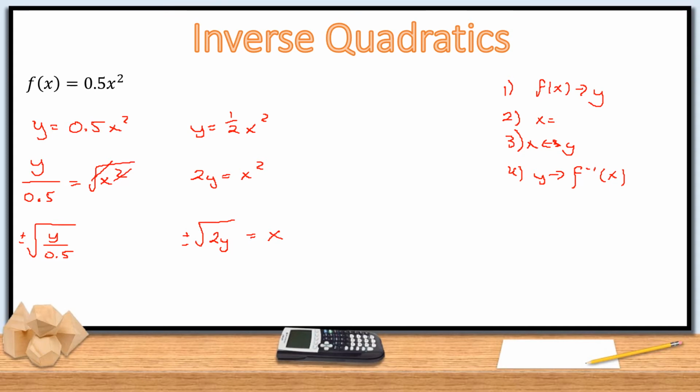Now in radical functions, we typically don't see that negative part being counted. So if you go to graph the inverse function, a half x squared is something like this.